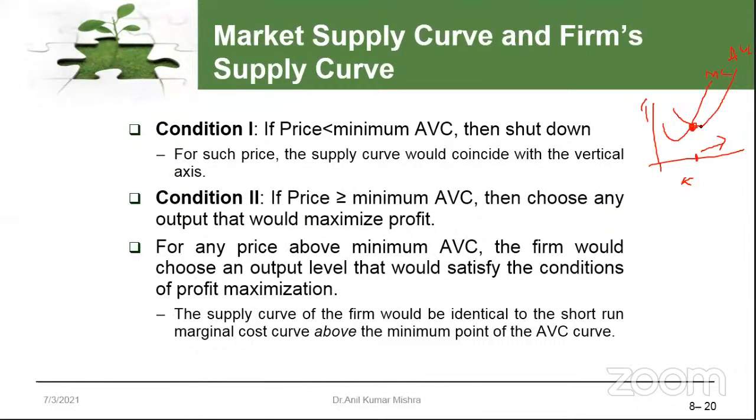Why? Because if it produces below this point, the price is less than the average variable cost. So those segments of the marginal cost which lie over and above the minimum point of your average variable cost represent the supply curve of a particular firm.